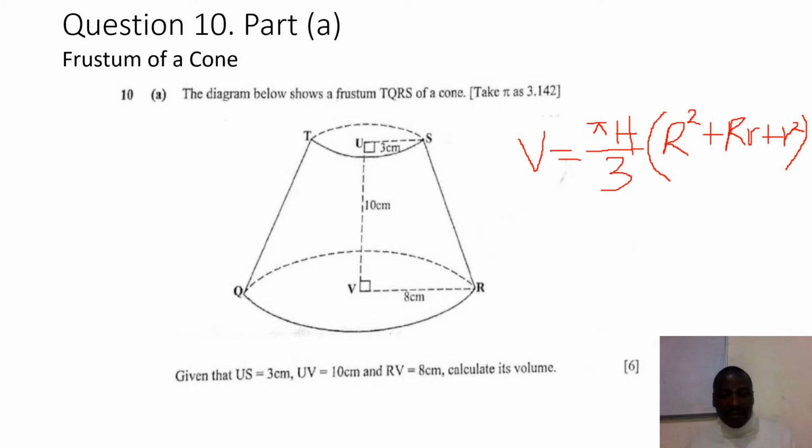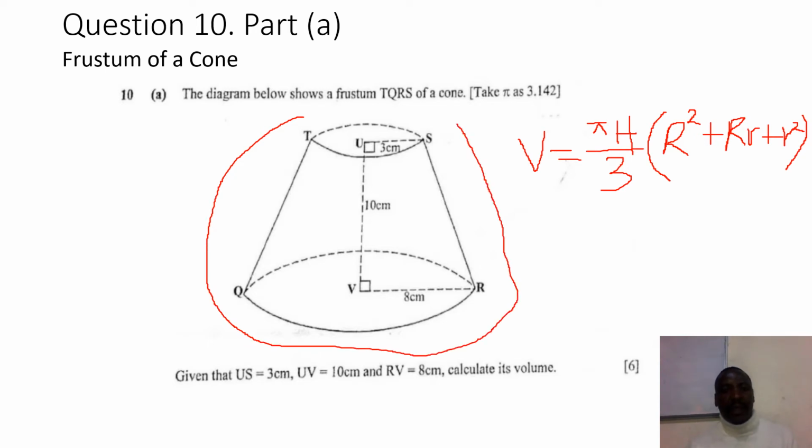A frustum like the one that we are given here is a part that remains after a top part of a cone was cut. So let's see how we can calculate the volume of this frustum.